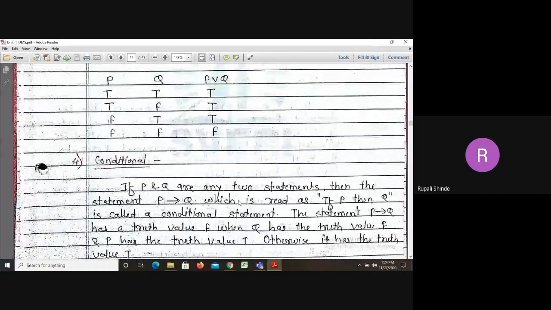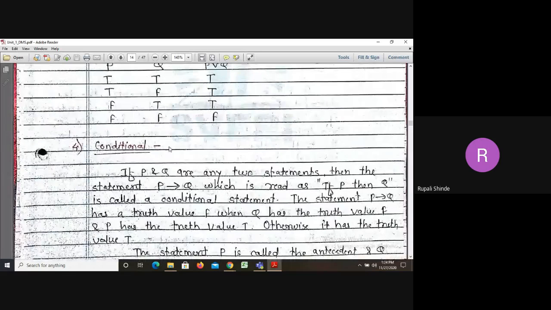Now the next operator is the conditional operator. So here, if there are two different statements P and Q, then the statement P conditional Q, which is read as if P then Q, is called a conditional statement. So if there are two different variables P and Q, the conditional for these two variables can be written as P conditional Q. And how can we read it?